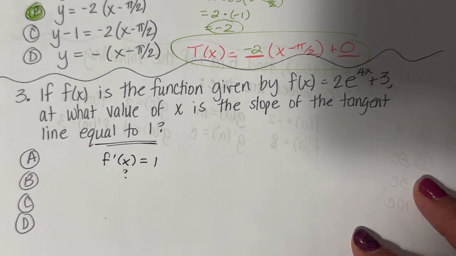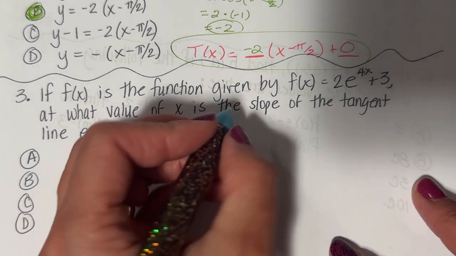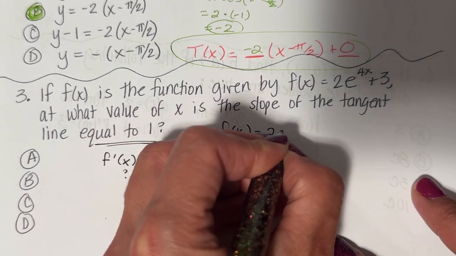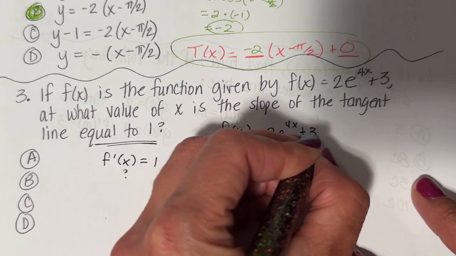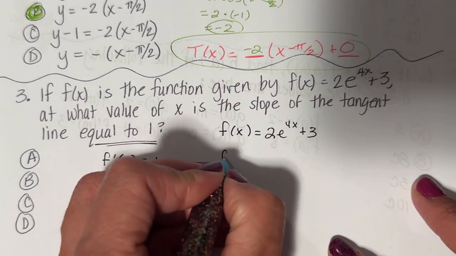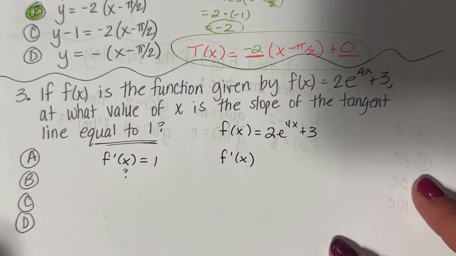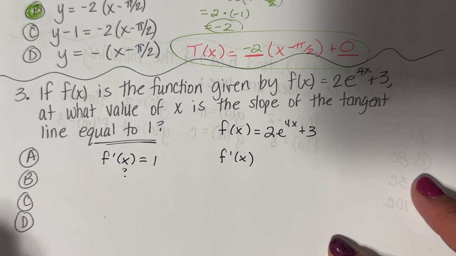Okay, well, that means I got to take the derivative of f of x. So f of x equals 2e to the 4x plus 3. When I take its derivative, you could do it by hand, but because this is a calculator portion of the test, or well, in our warm-up, you get to use a graphing calculator.